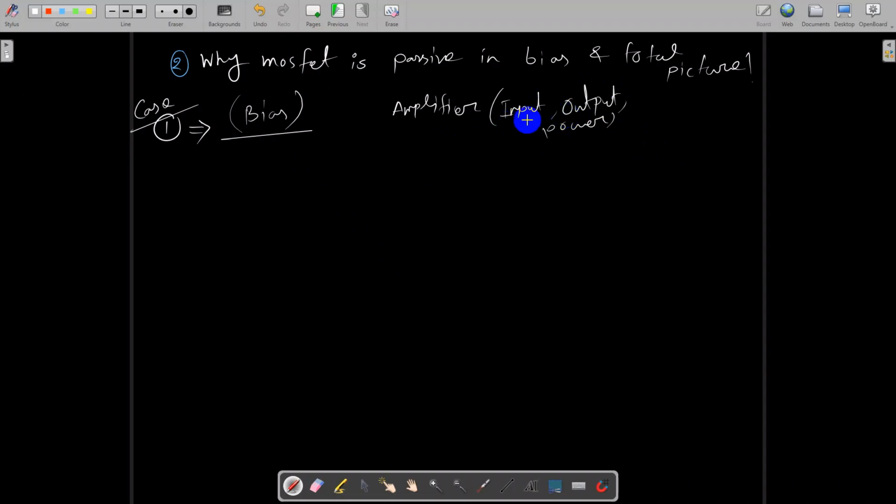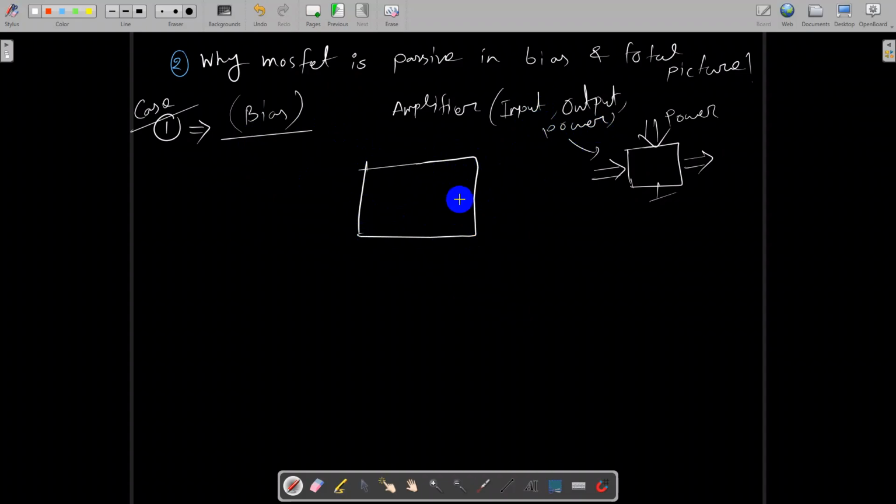So why I'm telling this, because if I'm saying that it is a real amplifier, then here is input, here is the output, and I have to give some additional power from this port. So it is basically three port. So now I'll ignore this power. Okay, only input and output port. Now let's see MOSFET as a two port device.